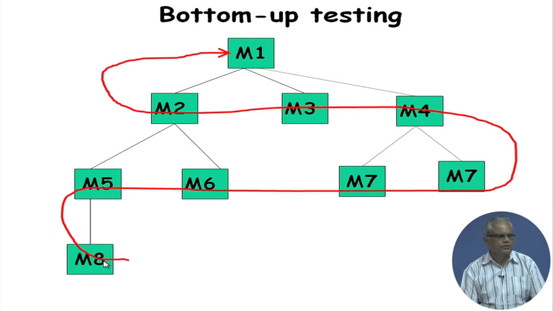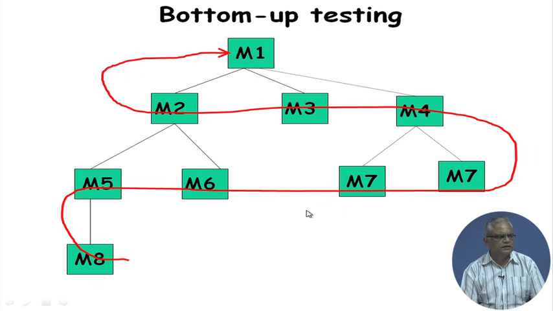We start with the bottommost module, and if there are no other modules at that layer, we take the next level, integrate, and then we integrate with another module in the same layer, 3 modules together, and then after they work successfully, they have been tested and any bugs fixed, then we take one more module, the same layer, again integrate and test it, fix any bugs that are present, and then take one more, and then the higher level, and so on until all the modules are integrated. So, this is the essence of bottom up testing.